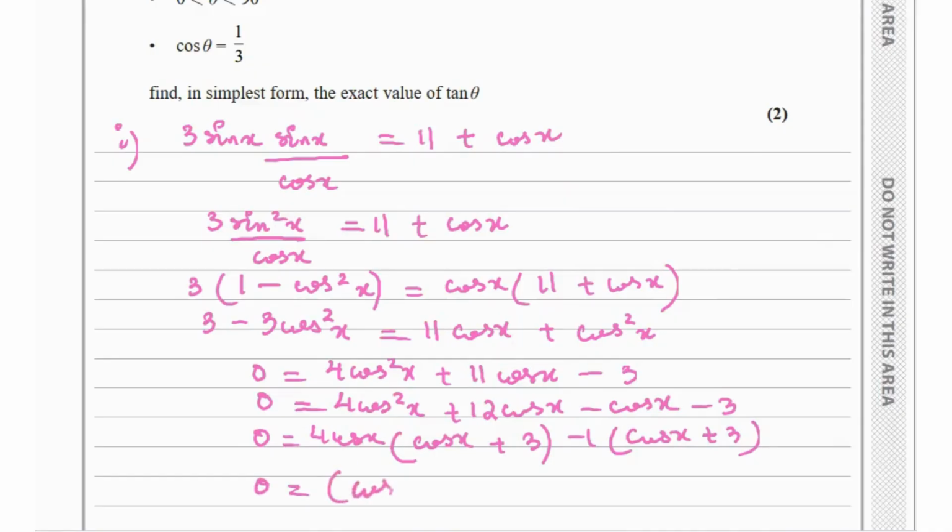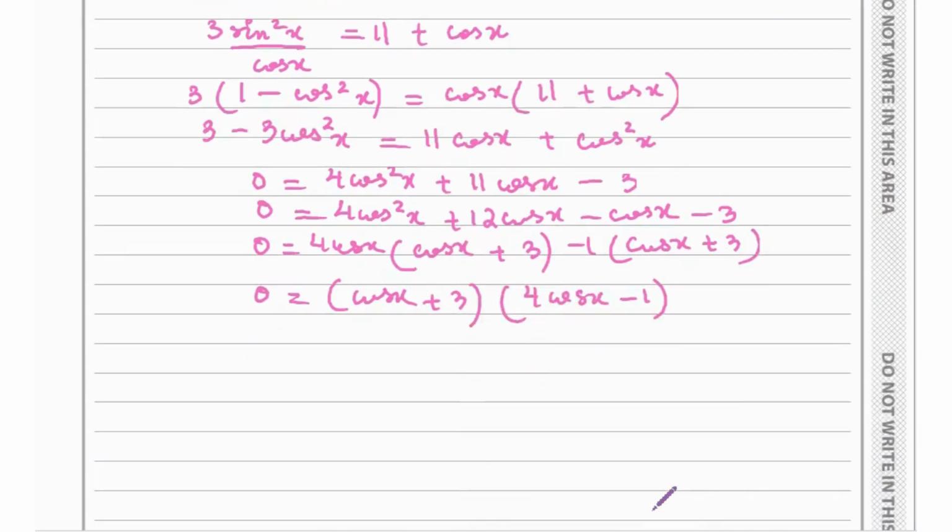So we have cos x plus 3 times 4 cos x minus 1. So cos x plus 3 equals 0, and 4 cos x minus 1 equals 0.